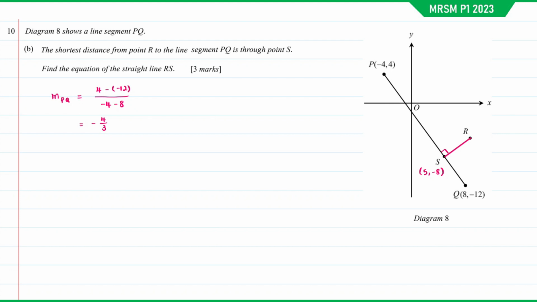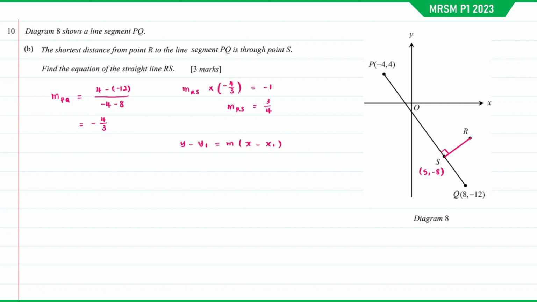As RS is perpendicular to PQ, gradient RS times gradient PQ, which is negative 4 over 3, is equal to negative 1. Then the gradient of RS will equal positive 3 over 4.